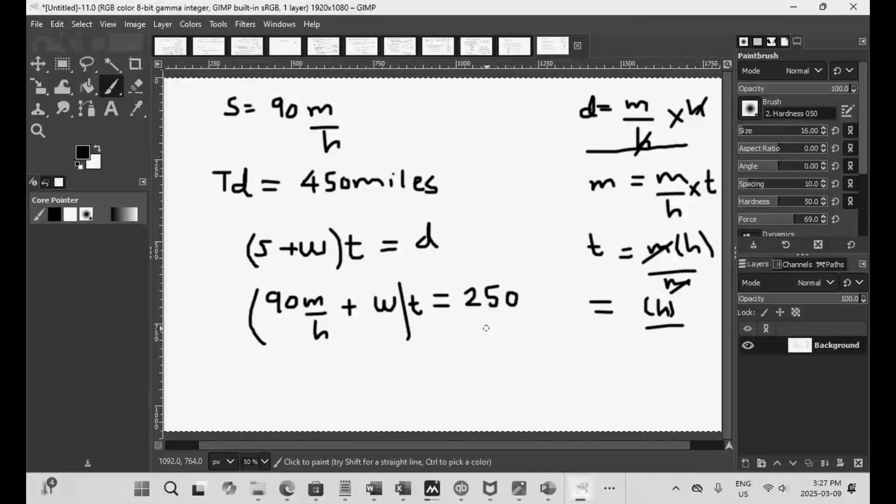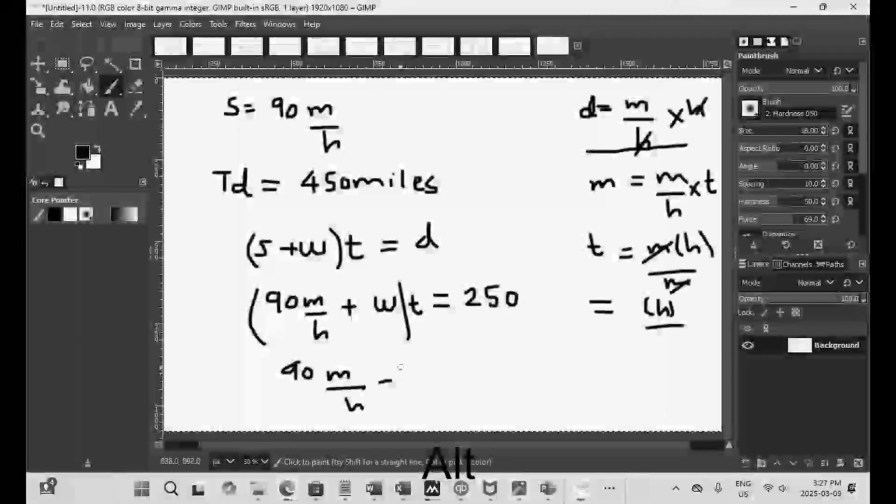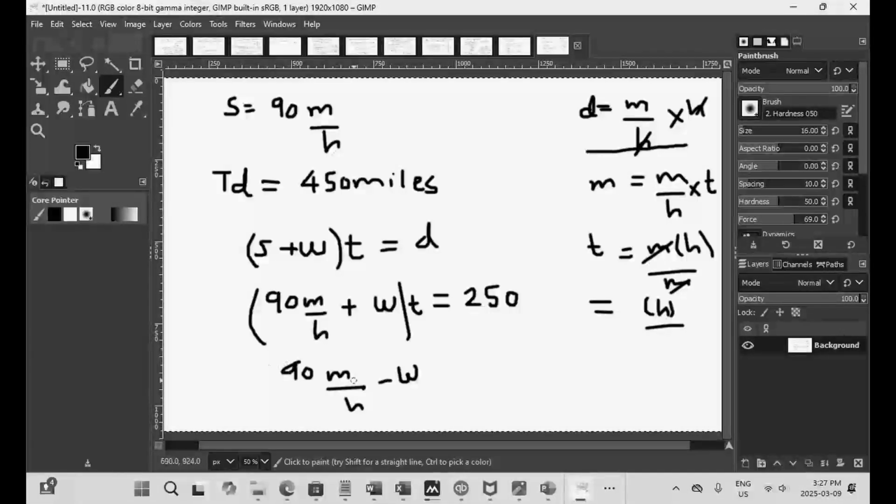And we also know that 90 miles per hour minus W, because at this point it's traveling against the wind, into T equals 200 miles.